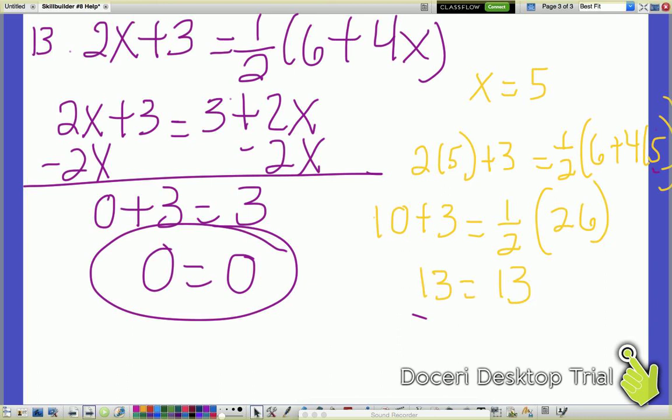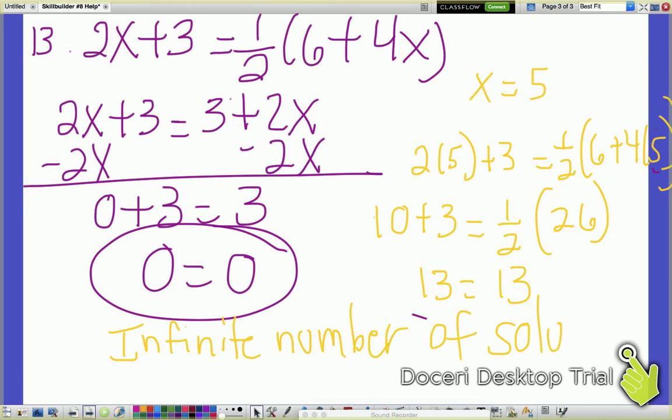So this 0 equals 0 means there's an infinite number of solutions that I can plug in. I can choose any x value in the world that I want, and it's going to equal each other. I figured that might throw you for a tiny bit of a loop when you got to that.